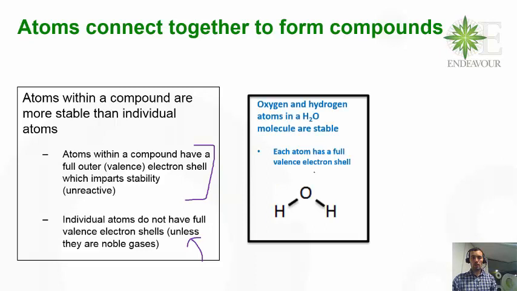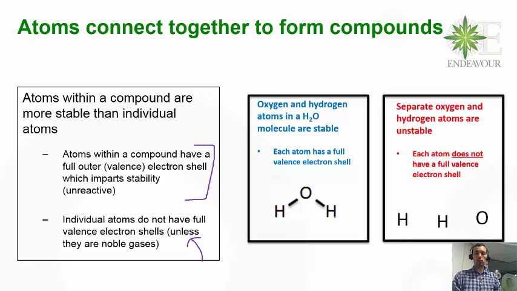So here we can see a representation of water where we've got an oxygen bonded to 2 hydrogen atoms via covalent bonds. So by adopting this arrangement, the hydrogen, oxygen and the other hydrogen are all stable because they have full valence electron shells. So what is it that was able to give these atoms full valence electron shells? Well, it was actually the electron sharing relationships between the atoms involved. So they were able to get the number of electrons they needed to fill their valence shells.